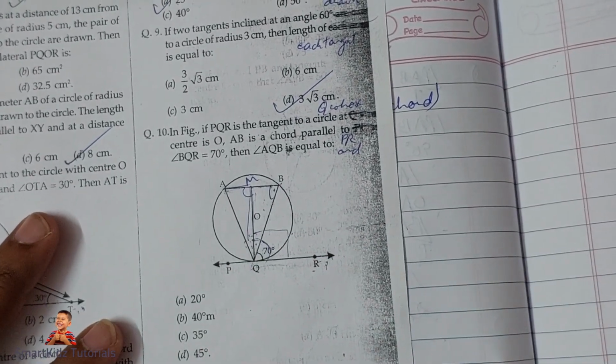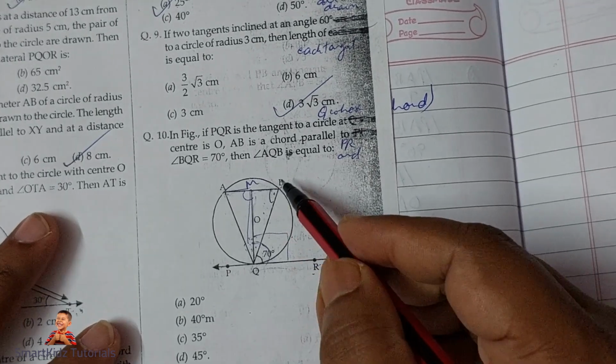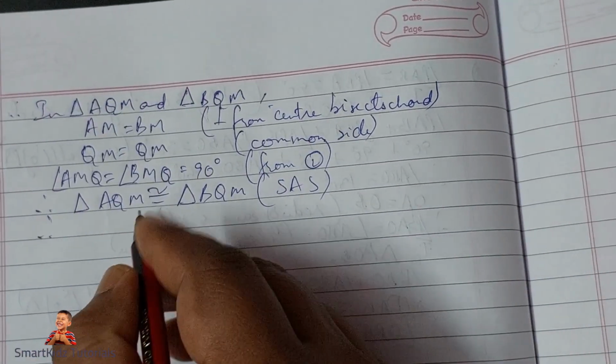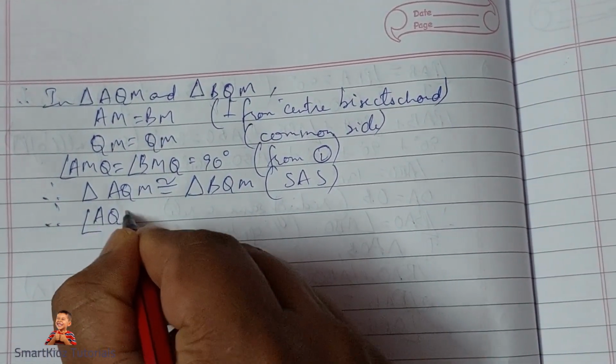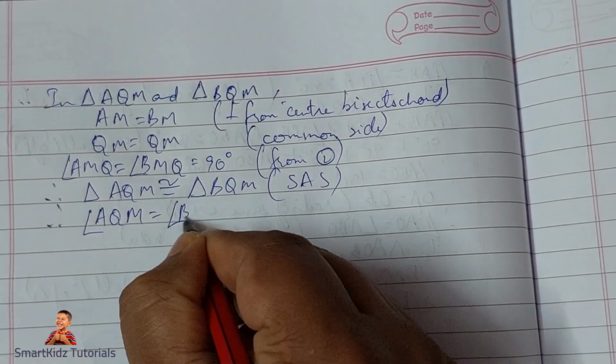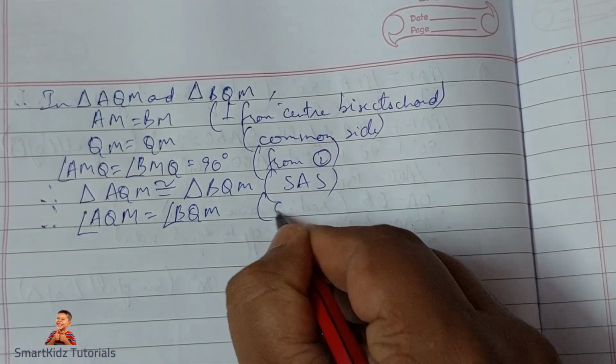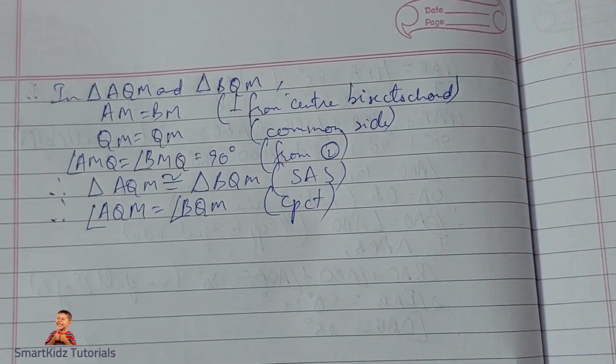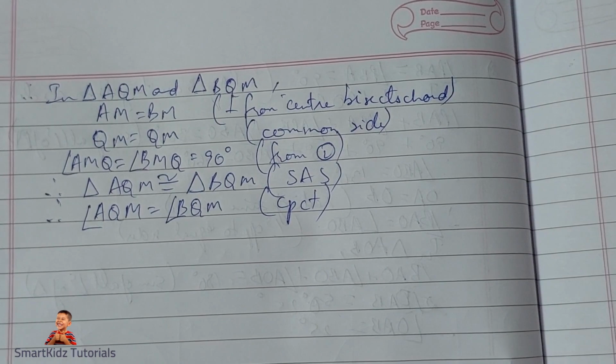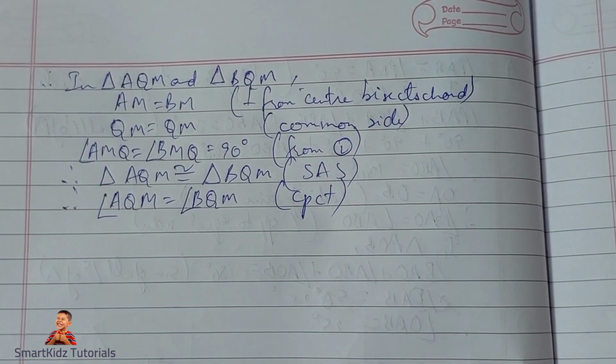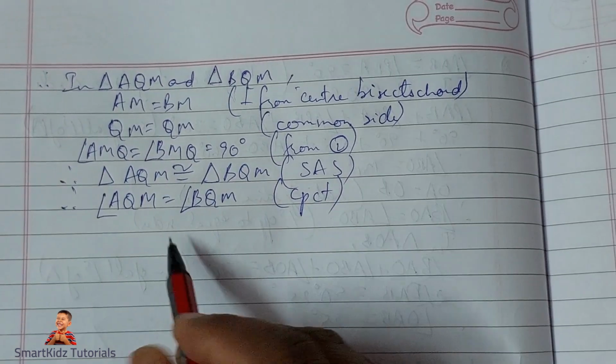Now we can say that angle AQM is equal to angle BQM, and we say this is CPCT, corresponding parts of congruent triangles.